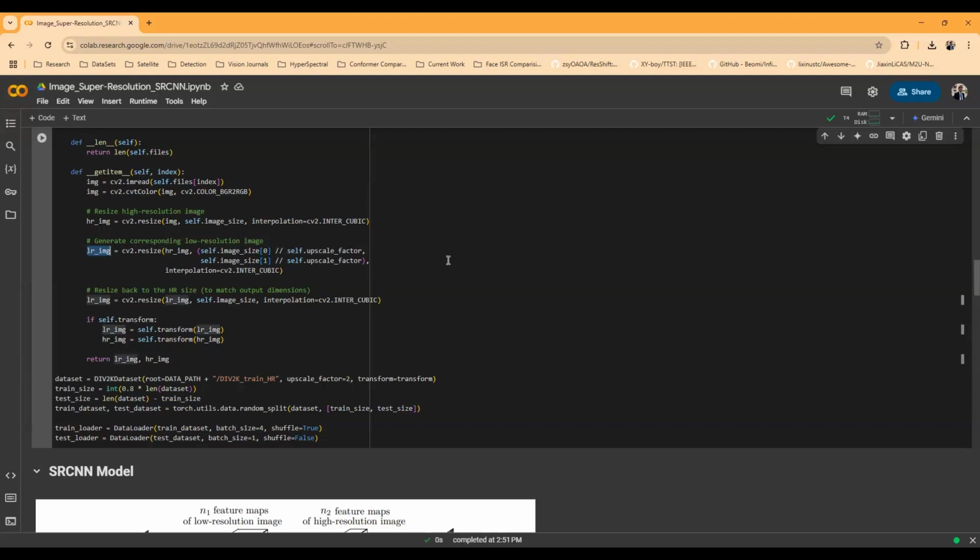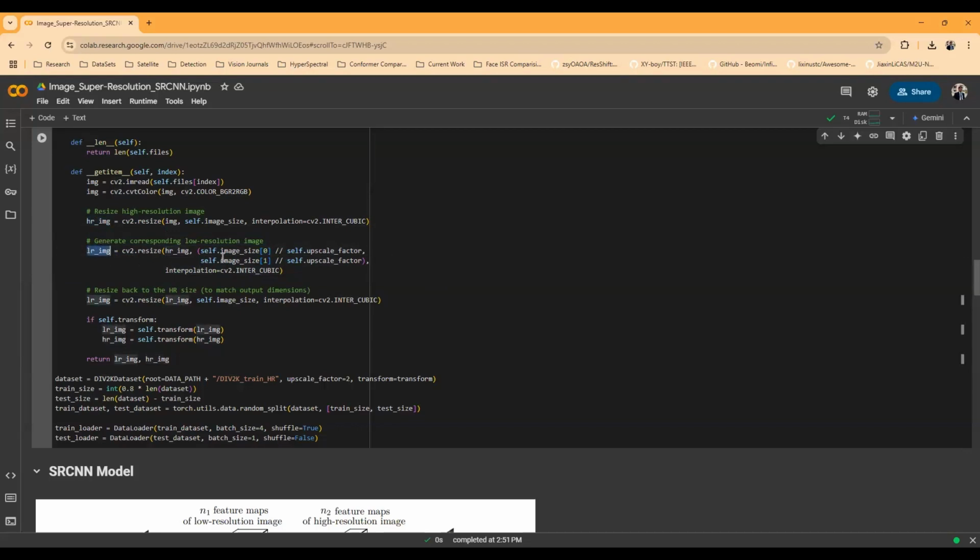If we have the paired data with low resolution inputs, then we don't have to do this part, because for image super resolution to work and for training we need low resolution images like LR-IMG and the corresponding high resolution part as well.